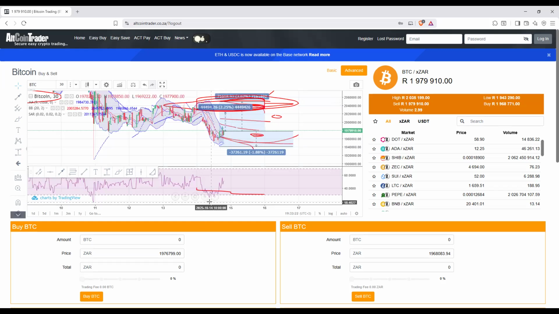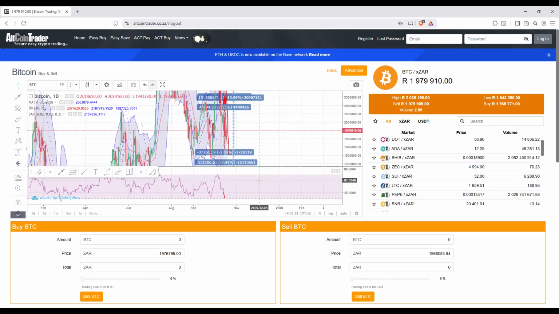When I'm looking at my RSI on the 1 day graph, I'm seeing the price is most likely still going to drop. It might drop to 24. It's on 40 at the moment. It might shoot up, because from now, I would say we would have 2 weeks where if there are any bull runs, it's going to happen within the next 14 days.